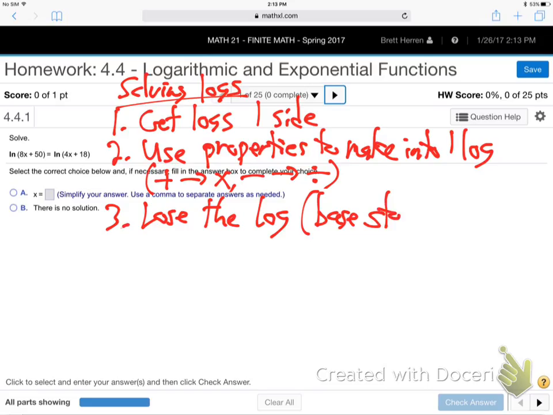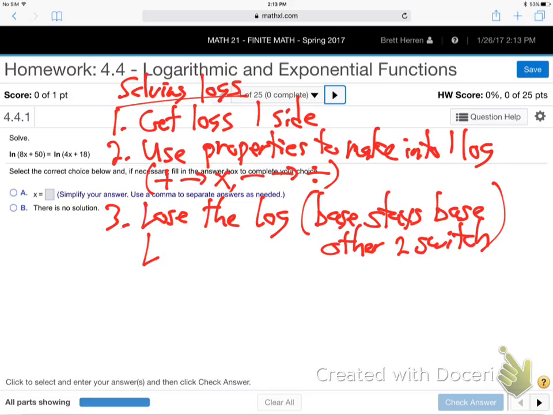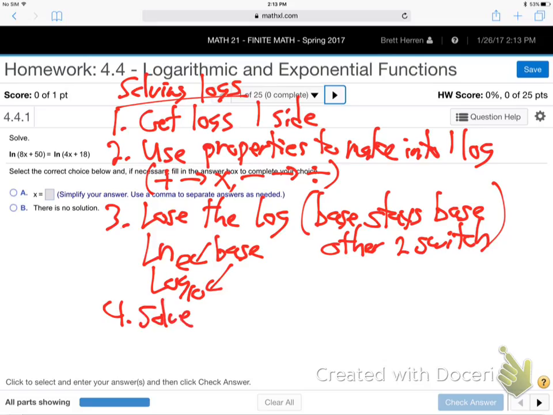Base stays the base. The other two switch, like we learned earlier about losing a log. For natural log, the base is e. For regular log, the base may be 10. Step 4, solve it.